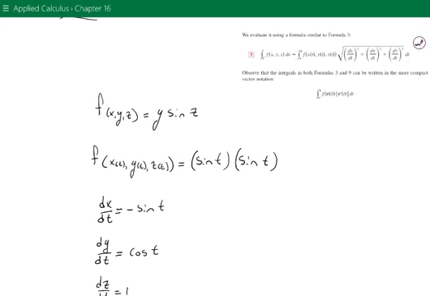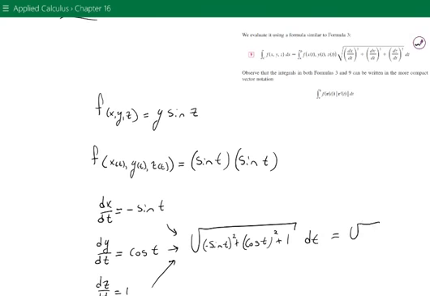So that means that for our little infinitesimal bit of arc length, we're going to have the square root of negative sine t squared plus cosine t squared plus 1 dt. And that's going to be equal to the square root of 2 dt.